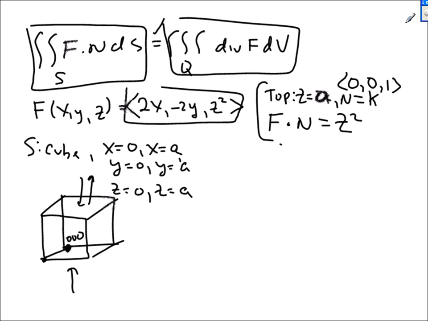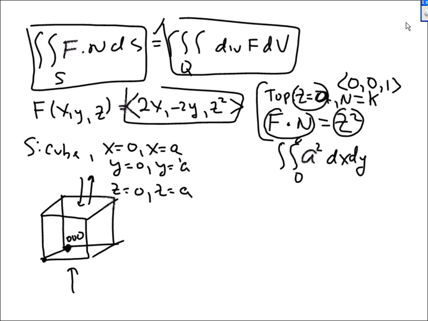But remember, z is a. So it's the integral of F dot n, which is a squared dx dy, where x goes from 0 to a, and y goes from 0 to a. If you work this out, you get a to the 4th.